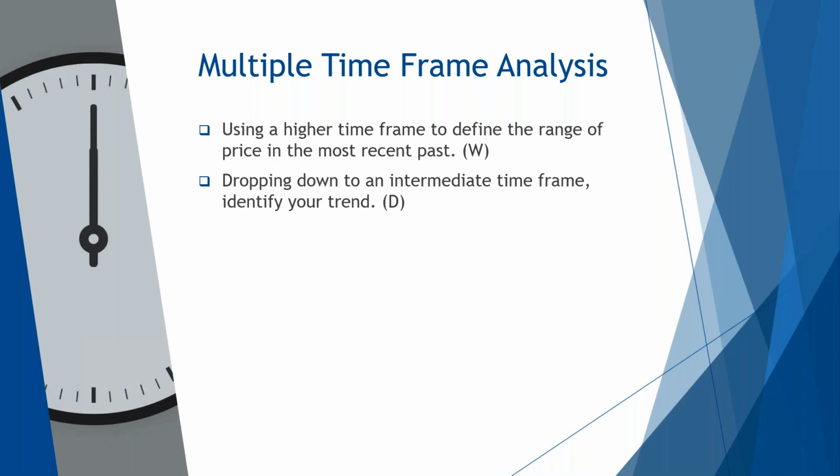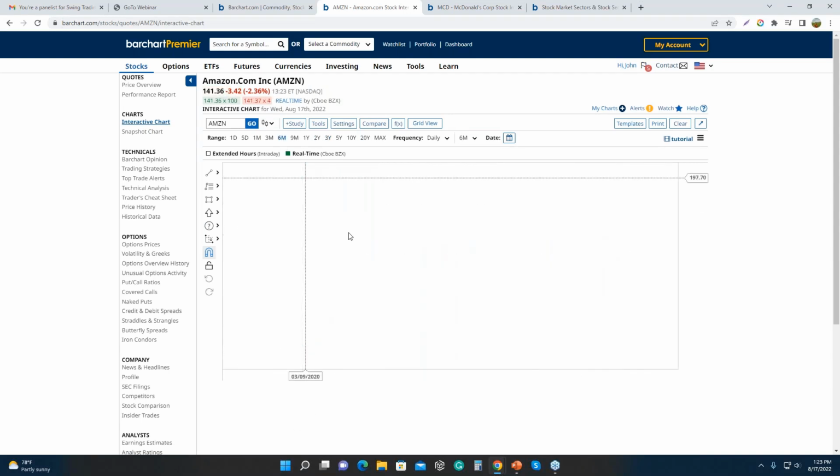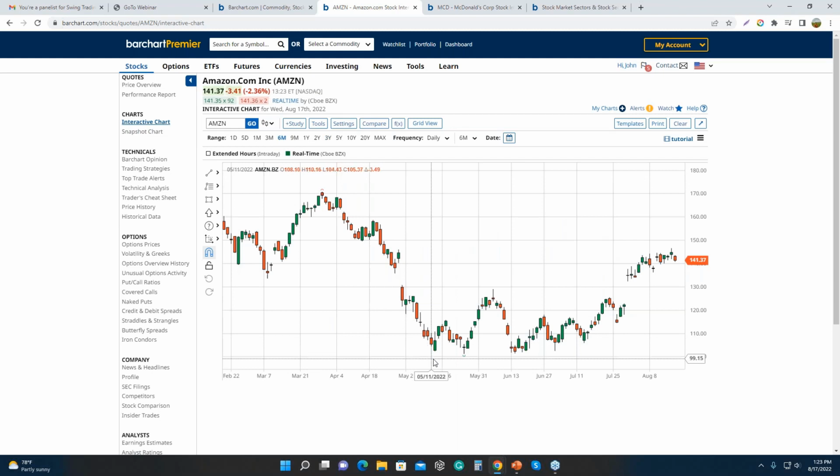You could use the daily as your higher time frame, and when I do that, you're probably going to discover there's not a lot of difference, certainly in terms of price action, but maybe in terms of potential price area. So again, I'm going to drop down to my lower time frame here to do my trend analysis.